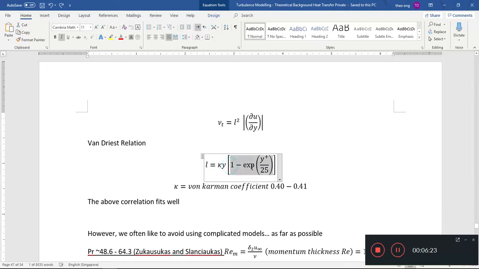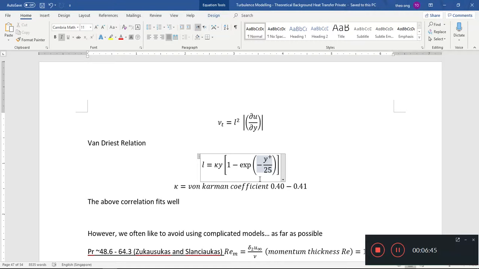Then you have this exponential damping function, y plus over 25. So 1 minus exponential of minus y plus over 25. This is then growing with y plus. Hold on. Yes, I think I'm missing a minus sign here. I've gotten it wrong while copying these formulas from that paper.